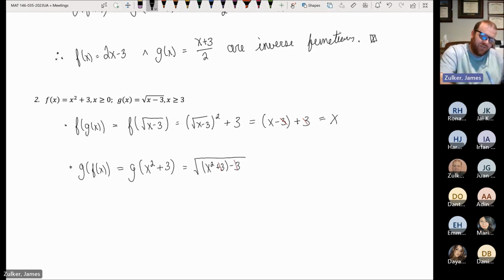Three minus 3, 0. Left with the square root of x squared. Square root of x squared is what? It's x or negative x. So how would you represent that?